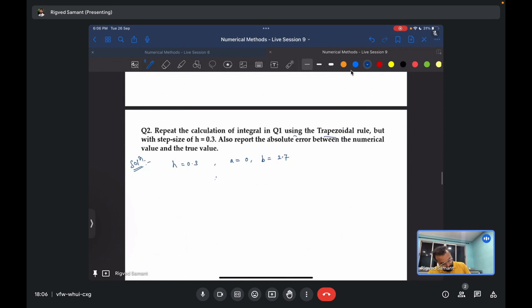Therefore, n = (b - a)/h, so 2.7 minus 0 divided by 0.3 gives 9 intervals. Nine intervals means you have to apply the trapezoidal rule 9 times, get 9 values, and then add them up to get the final value.